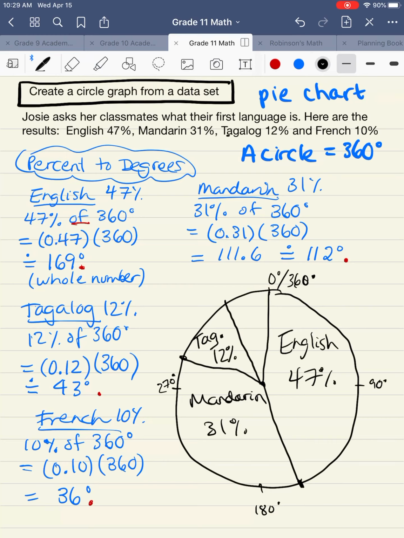So we want the percentages, not the degrees. And then we have French, and I'm just going to put FR because I don't have space anymore, and that is at 10%. And there we go. We have calculated our degrees. So we've gone from percent to degrees to be able to represent Josie's results as a circle graph or as a pie chart.